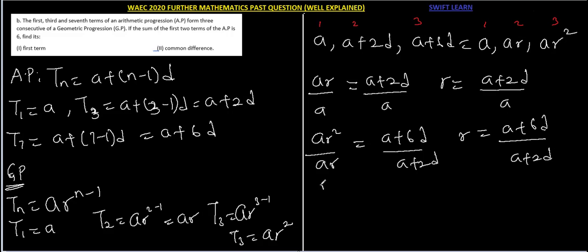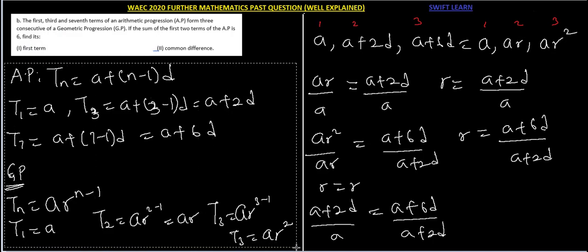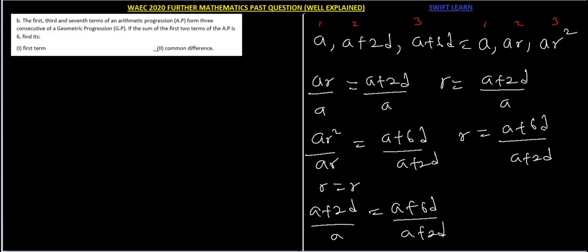So we can equate the two, like saying r equals r, that's (a plus 2d) over a equals (a plus 6d) divided by (a plus 2d). So just cross multiply. Let me remove the whole of this. Okay. So if I cross multiply, I have (a plus 2d)(a plus 2d), as you can see, equals a(a plus 6d).